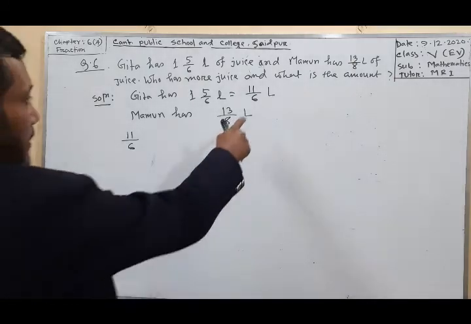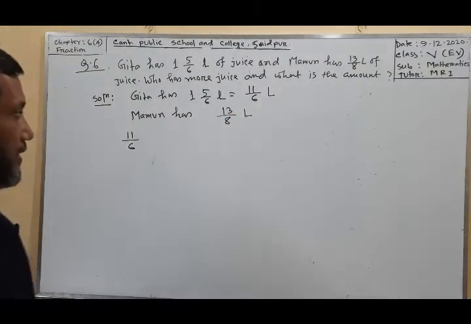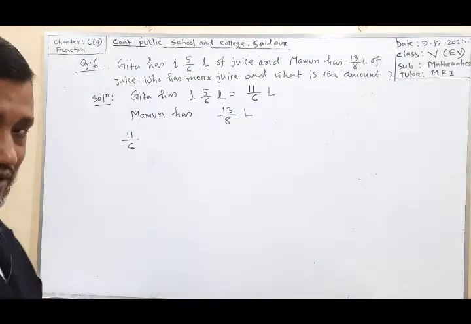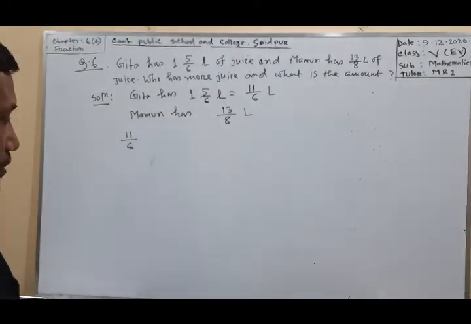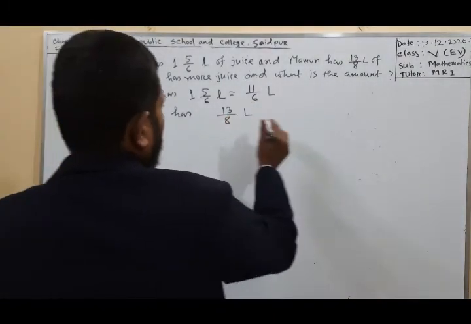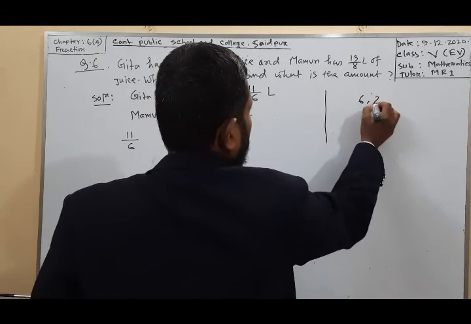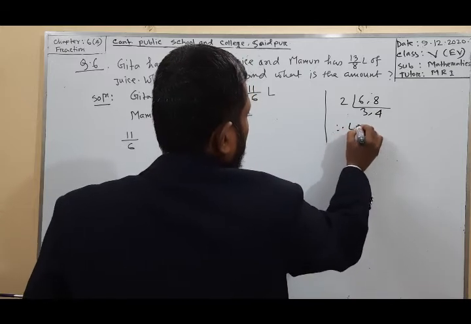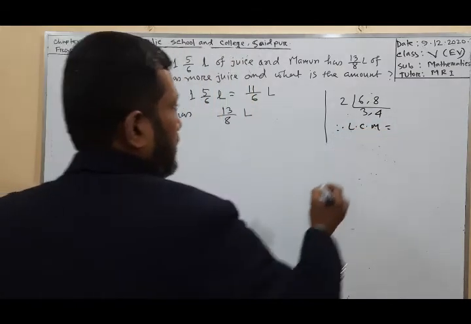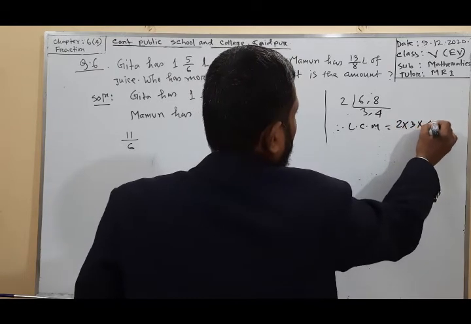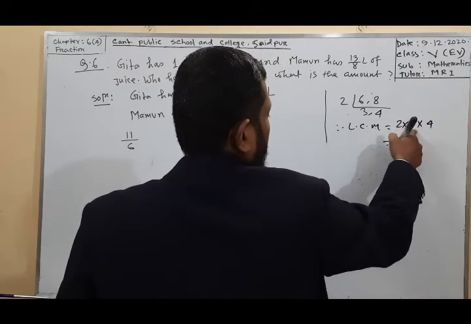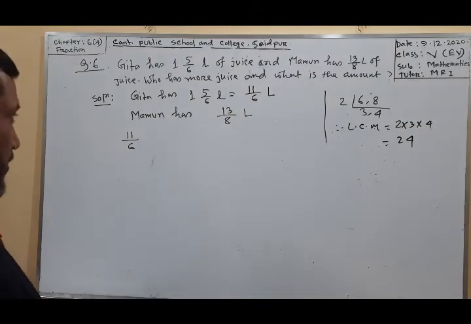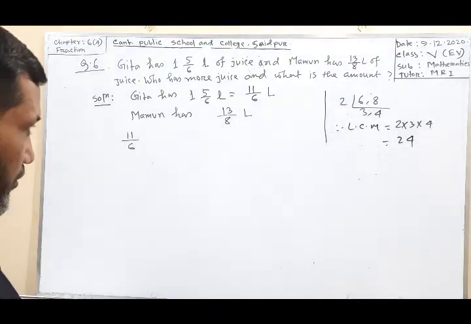We are seeing 6 and 8, the denominators of the first and second fractions respectively. First, we will find the LCM of 6 and 8. So LCM will be 2 times 3 times 4, that is 2 times 3 is 6, 6 times 4 is 24. The LCM of 6 and 8 is 24.